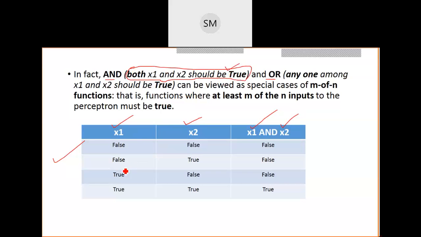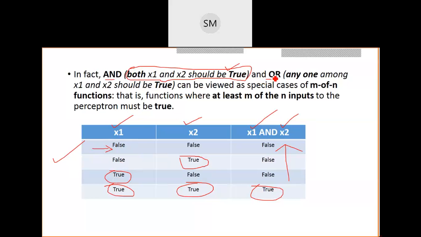You can observe here. This is true, this is true, and then only we get this true. So in the remaining three cases, the output will be false only. Why? Among the two inputs, only one input is true. Here also only one input is true. And in the first case, none of the inputs are true. So this is the nature of AND, right?